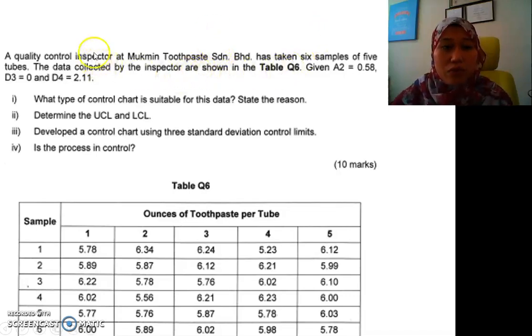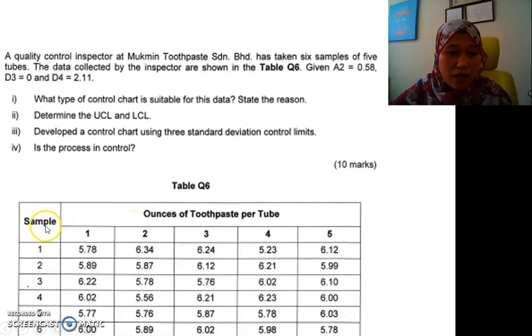Today we're going to show you a tutorial on the variable charts for the control charts. For this question, we need to determine what kind of chart is suitable. It talks about a toothpaste factory and gives us information on the weight of the toothpaste.